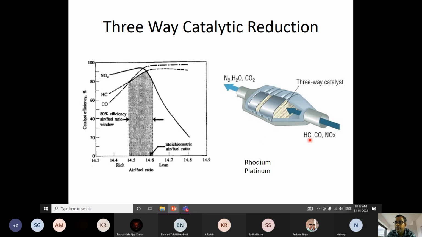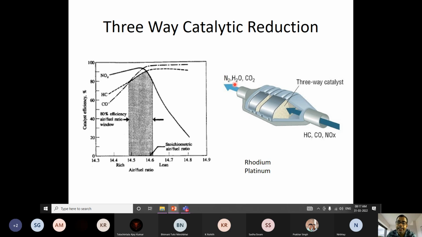HC and CO are oxidized with the help of oxygen in the presence of the catalyst into H2O and CO2, and the NOx is reduced with the presence of CO and the catalyst into N2. In that way, the three-way catalytic converter takes care of HC, CO and NOx.